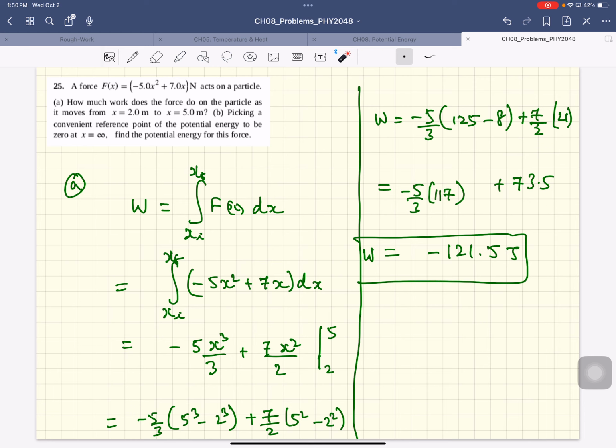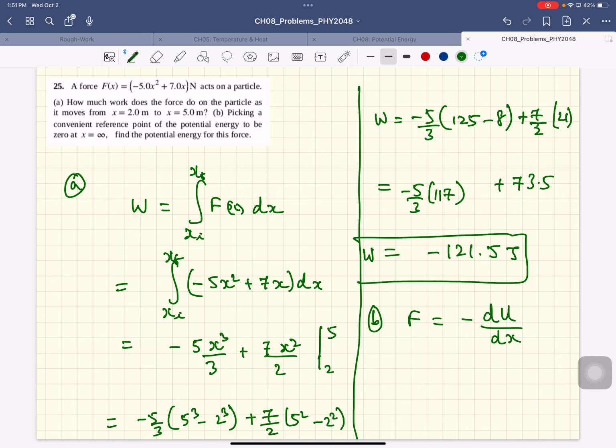Okay, part B says picking a convenient reference point of the potential energy to be 0 at x equal to infinity, find the potential energy of this force. Okay, so that was the force. Remember, the force is related to the potential energy like so.